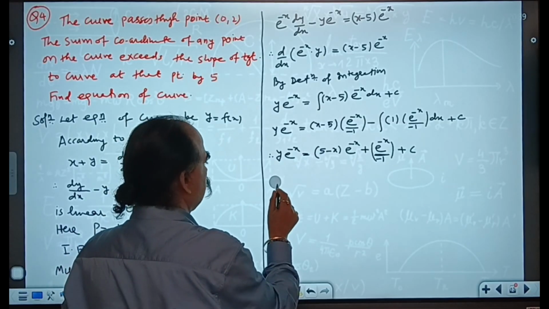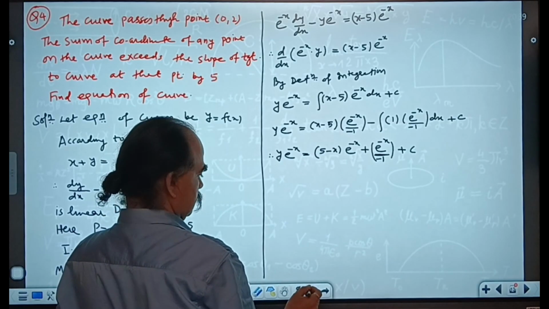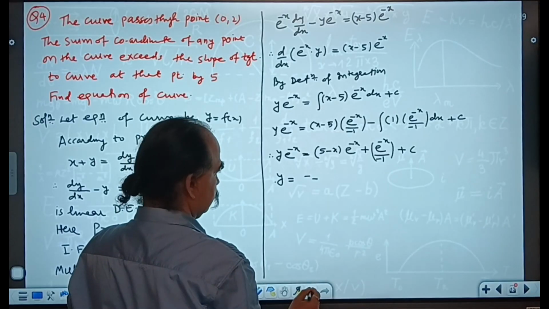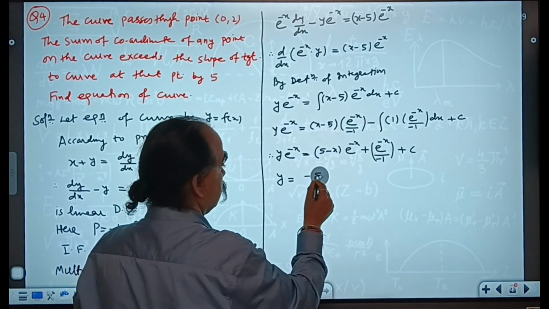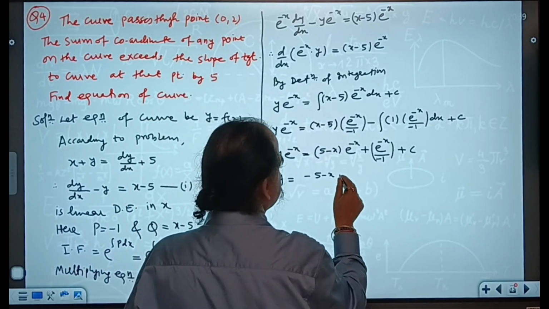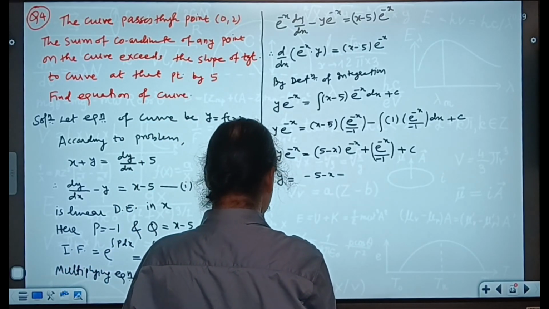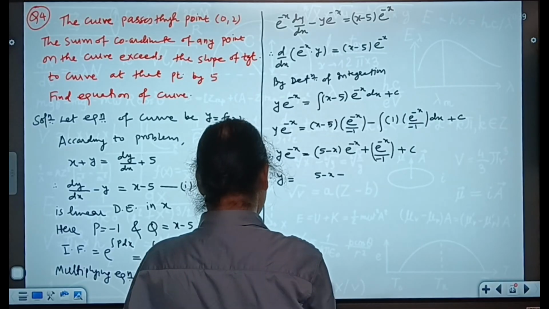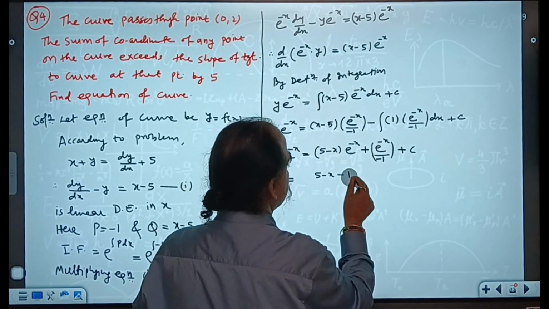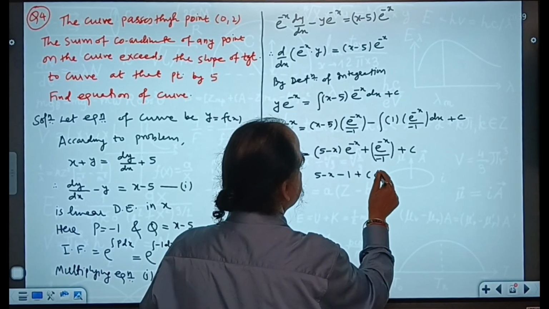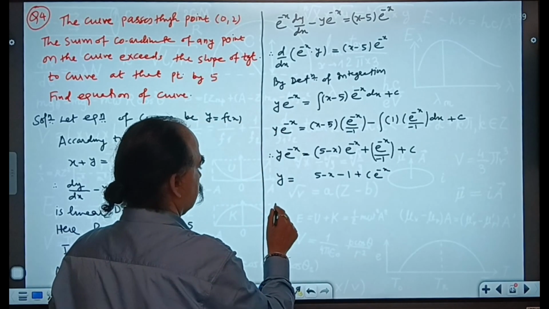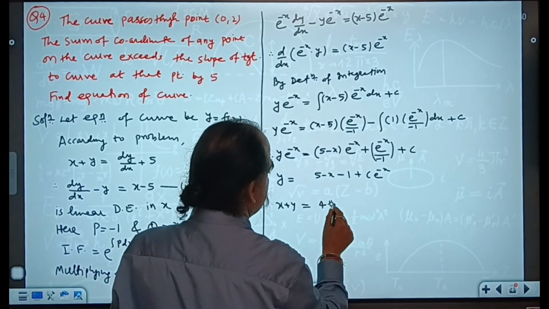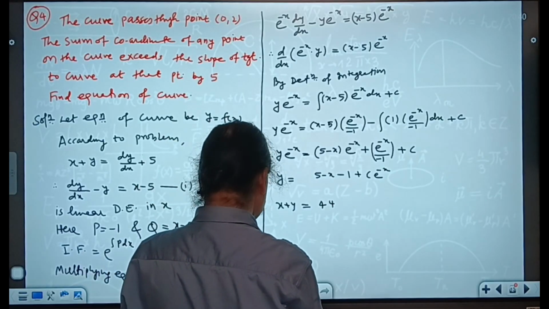Divided by e raised to minus x, so y will be what? 5 minus x minus 1 plus c e raised to x, not minus x. So x plus y minus 4 is equal to c e raised to x.